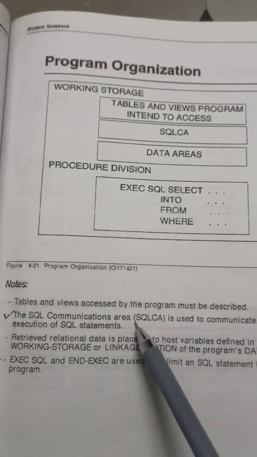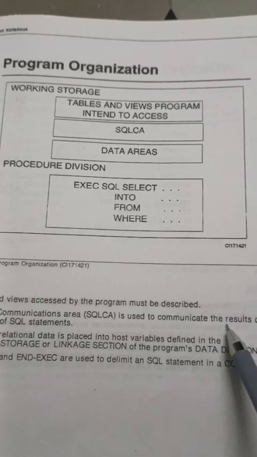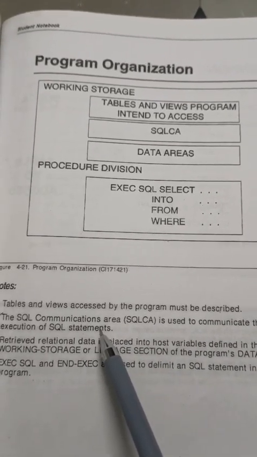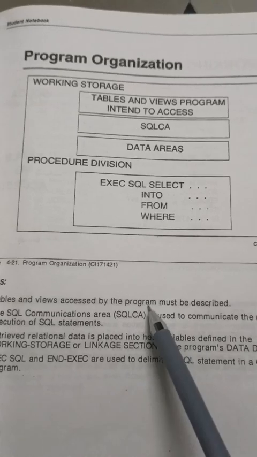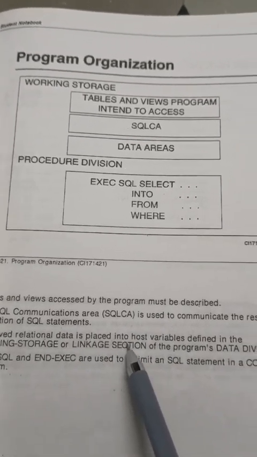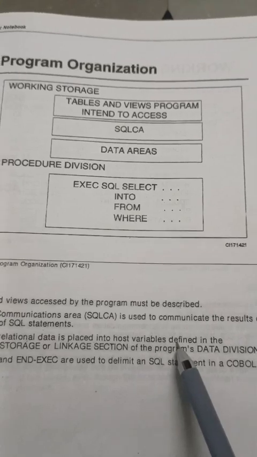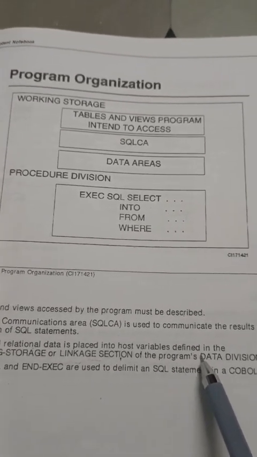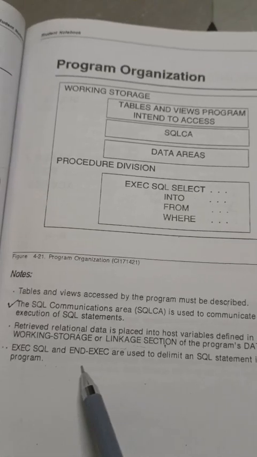And what does the SQLCA do? The SQLCA is used to communicate the result of the execution of the SQL statement. We will see in the next page what the SQLCA contains. To retrieve from a relational table, data is placed in host variables defined in the working storage or linkage section of the program in the data division.